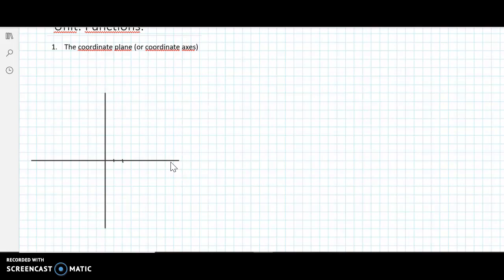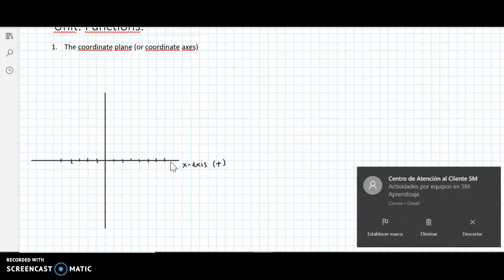So if we go on the horizontal axis, the x-axis, we go to the right, we'll have positive numbers: 1, 2, 3, 4, 5, 6, 7. Okay. If we go to the left, we find negative numbers: -1, -2, -3, -4, -5, -6.